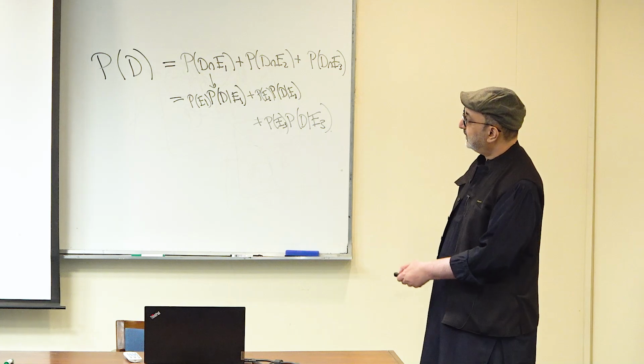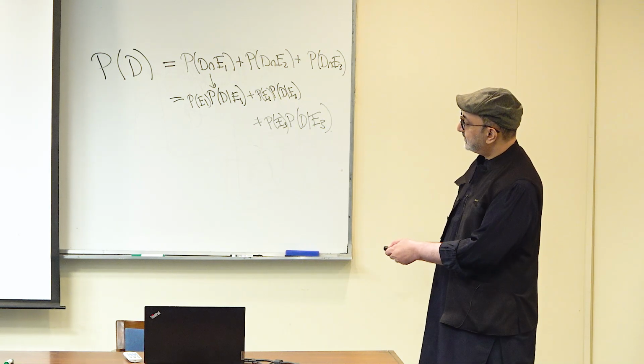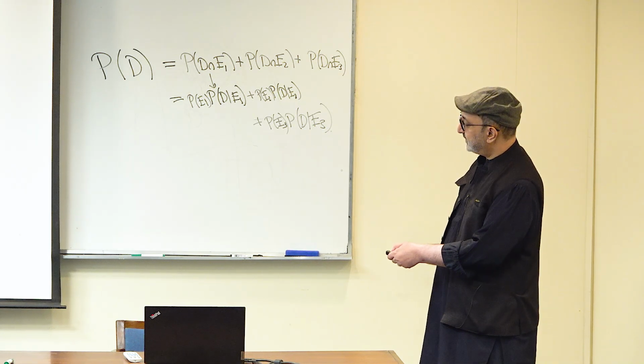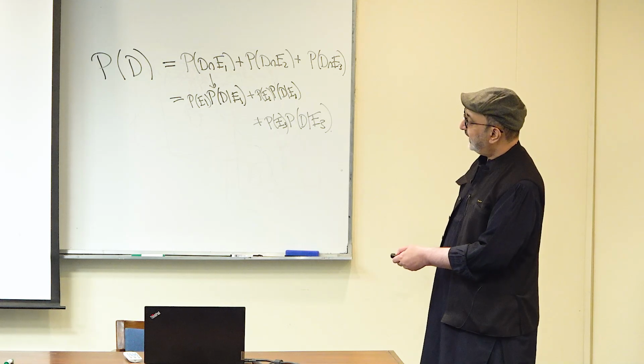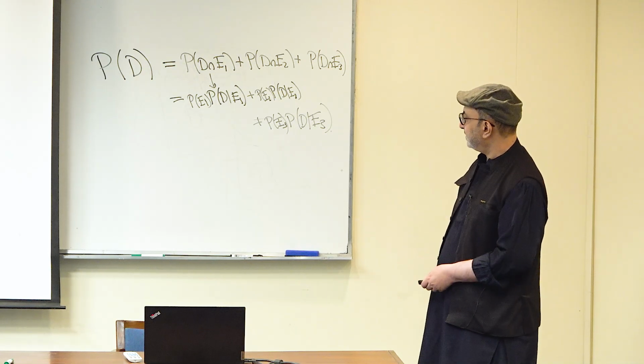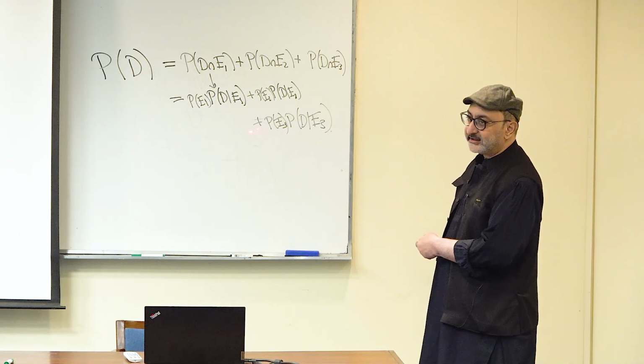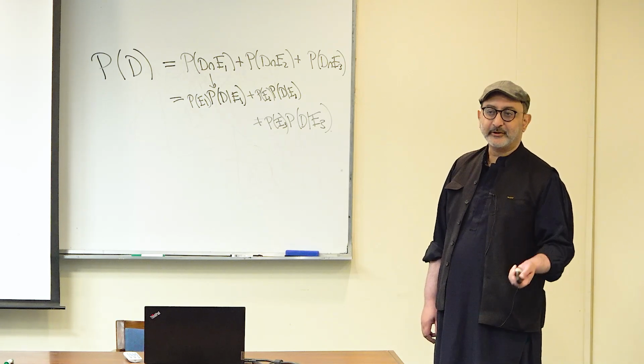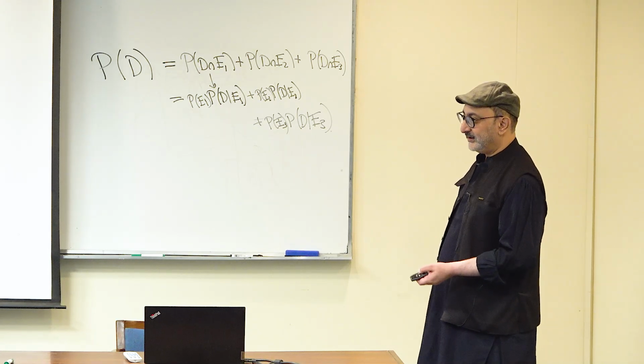Okay, so with these numbers, probability of S1, probability of S2, probability of S3, and these conditional probabilities, we have everything that we need to apply total probability to get the answer.